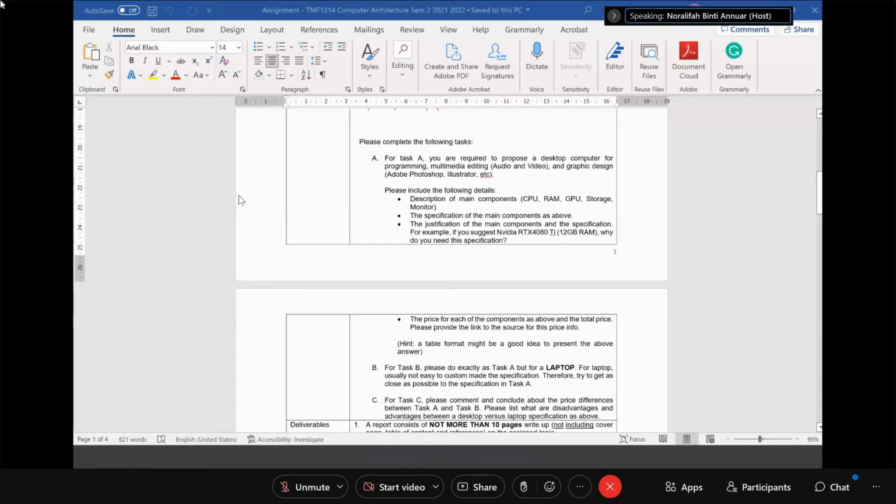The requirement is for graphic design, programming, and asset editing, audio, video, right? So you will give me this specification: what CPU, how much RAM, GPU, storage, external, internal. How big is the size of the monitor?